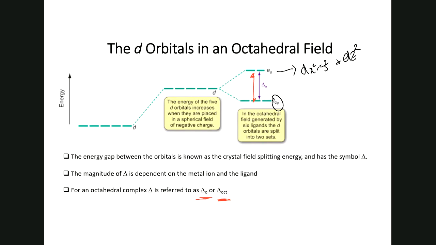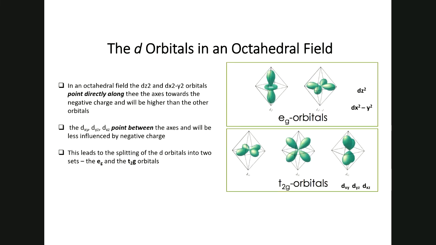All right, here it is, and we're going to summarize all we just talked about. In the octahedral field, the dz squared and dx squared minus y squared orbitals point directly along the three axes towards the negative charge and will be higher in energy than the other orbitals. The dxy, dyz, and dxz point between the axes and will be less influenced by the negative charge, so these are lower in energy relative to the eg set.